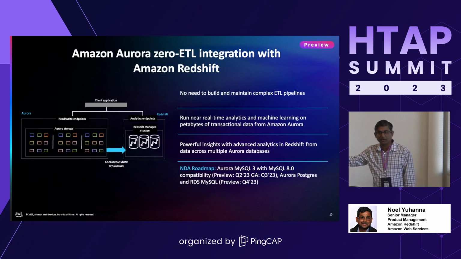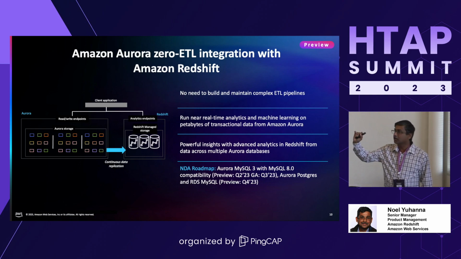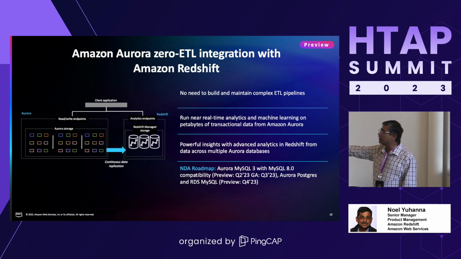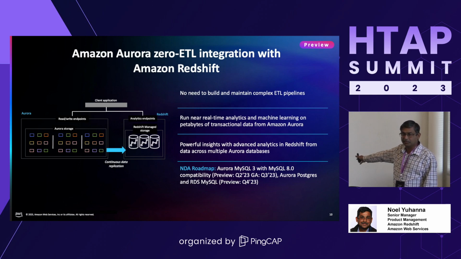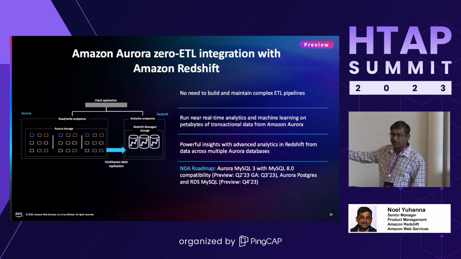In the MySQL console, you can say, I want to create this connection to Redshift, and I want to automatically, seamlessly create these 5 tables or 20 tables in my OLTP database into Redshift. You can do this in almost near real time. Within a few seconds, the data will be replicated in Redshift. So you can join your data warehouse data and your real-time data and run your queries directly.